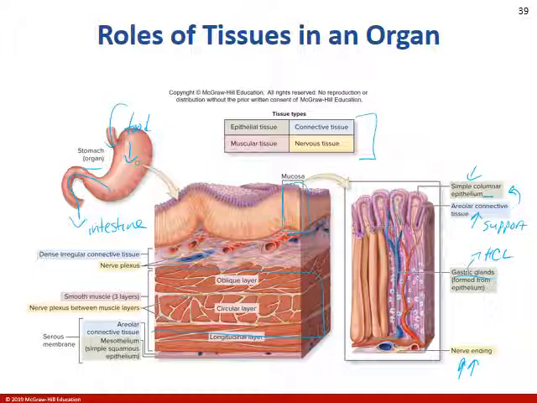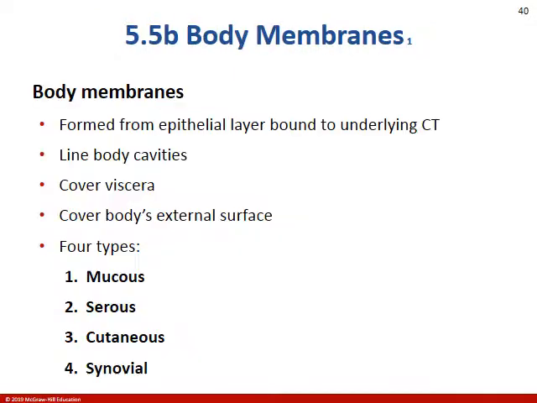So we need these muscles to move so that the stomach is churning and breaking the food particles apart while we're putting hydrochloric acid on them. So you can see that there's lots of different tissue types, but they're all contributing in some fashion to the organ's specific function.